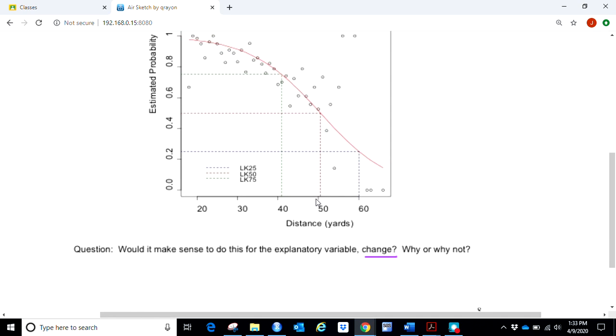So because it only has 2 options, or if I just only have zeros and ones, it doesn't really make sense to look at. So I would not want to do this because it's a binary variable. So I really only want to do this lethal dose idea when it's a quantitative variable or a continuous variable that I'm really working with.